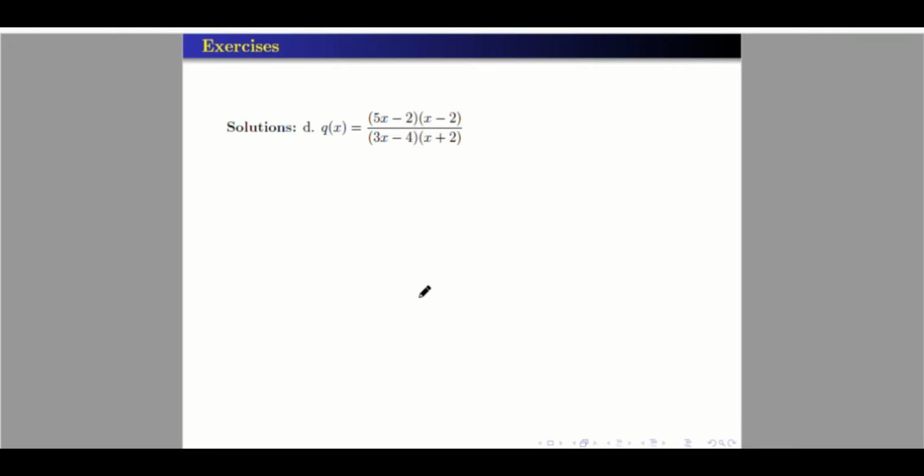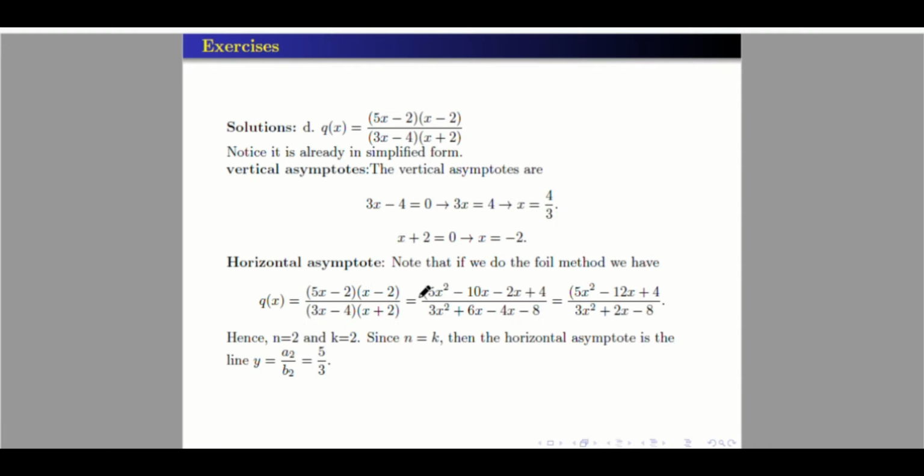And last example, so we're given with this expression. So if you notice, we cannot cancel anything. So we'll proceed with the vertical asymptote. First, equate the denominators to 0. So we have 3x minus 4 equals 0, or x plus 2 equals 0. So transposing negative 4, it will become positive 4.